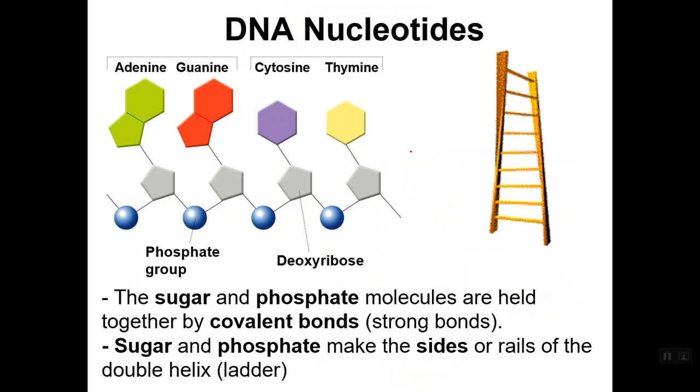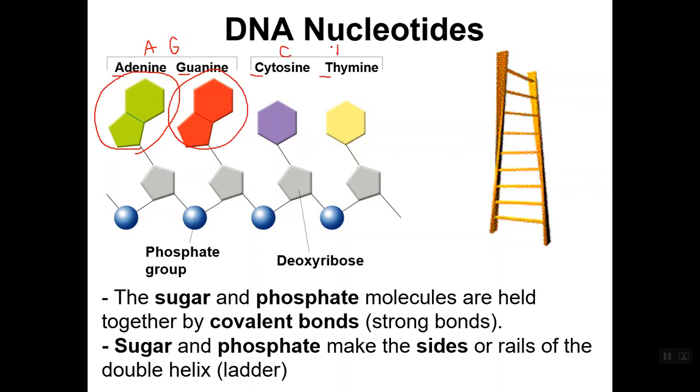So some other details about the nucleotides is that the A and the G, the adenine and the guanine, are a little bit bigger. If you look at the adenine here, it's a double ring structure. So is the guanine. They're a little bit bigger than the C and the T, right?